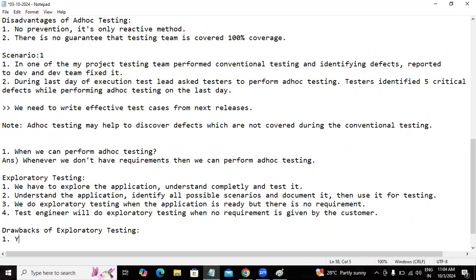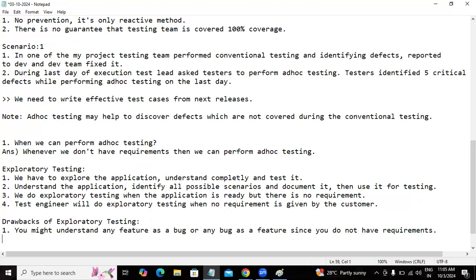You might understand any feature as a bug or any bug as a feature, since you do not have requirements. And this is a time consuming process.